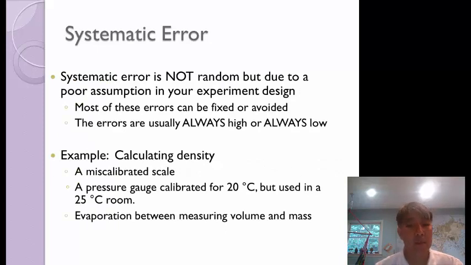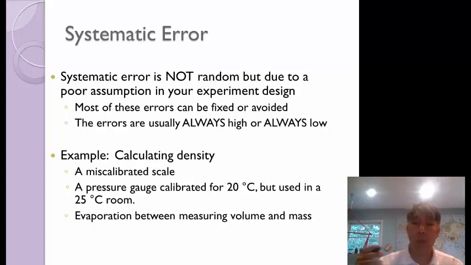Systematic error, however, is not random. It's usually due to a poor assumption in your experiment design. In general, you can fix or avoid these types of systematic errors. There are some systematic errors that you can't avoid, but one way of determining whether an error is systematic is, are your errors always high or are they always low?